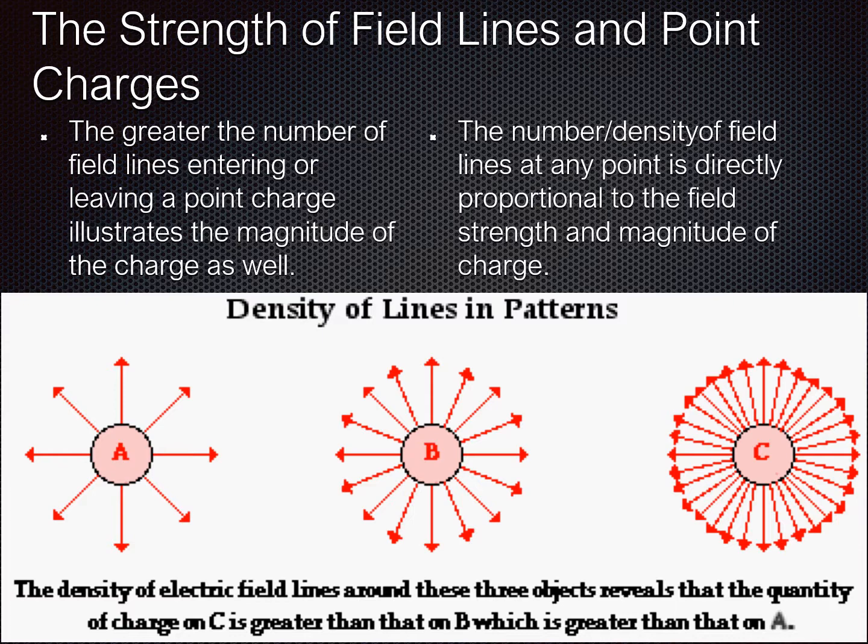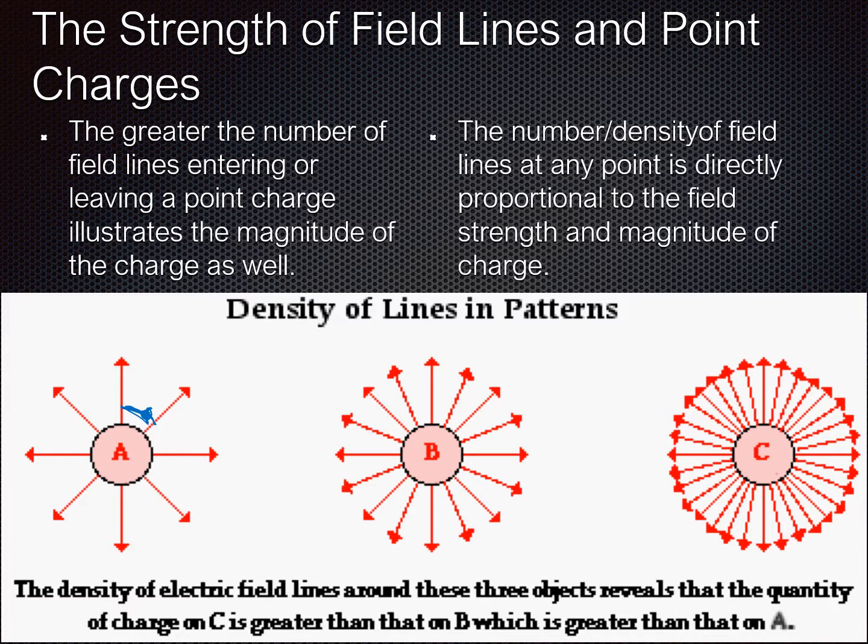So if I were to take a little charge and put it right here, which is closer to charge A, you can see that the distance between the field lines is close together. So that means the field that the charge feels at that spot is really strong, which makes sense as we were looking at earlier.